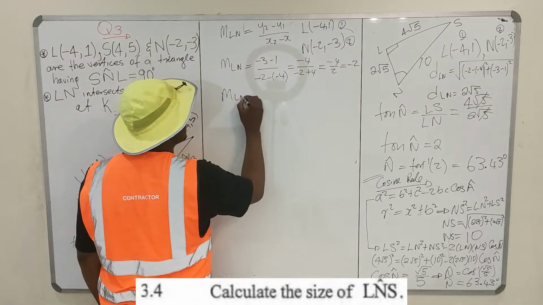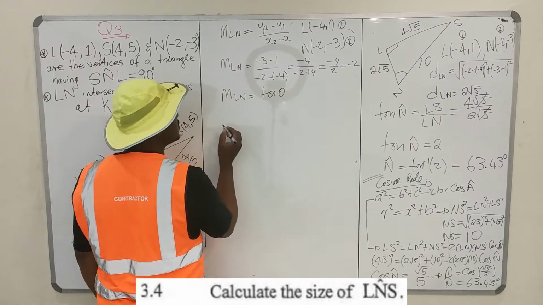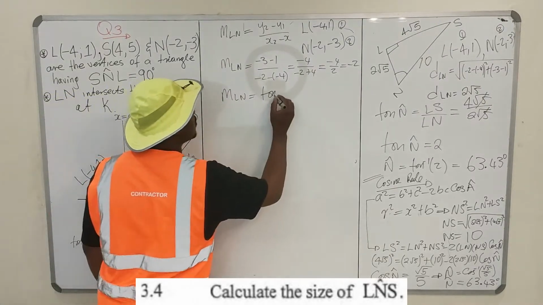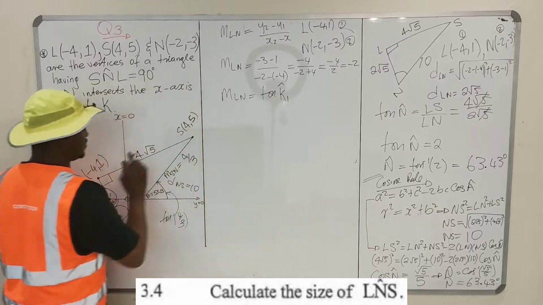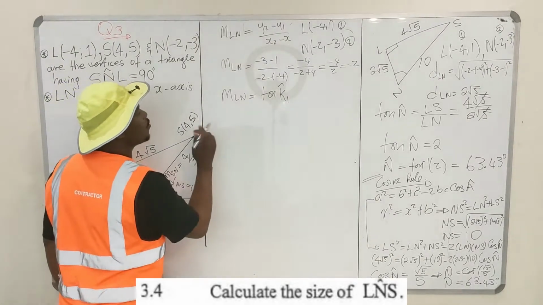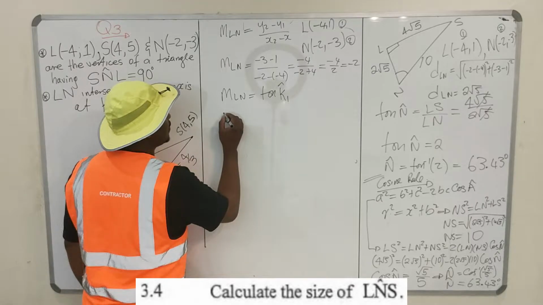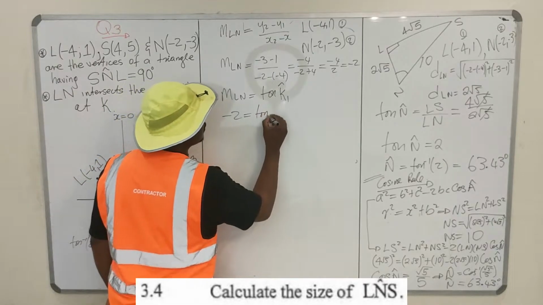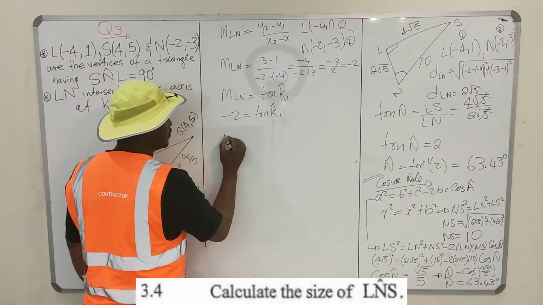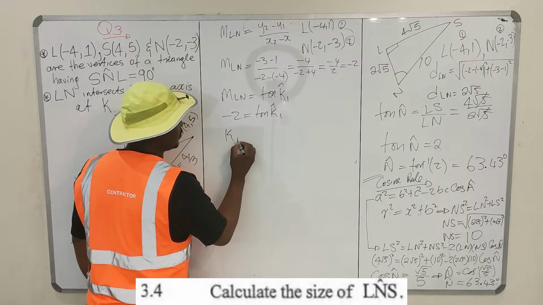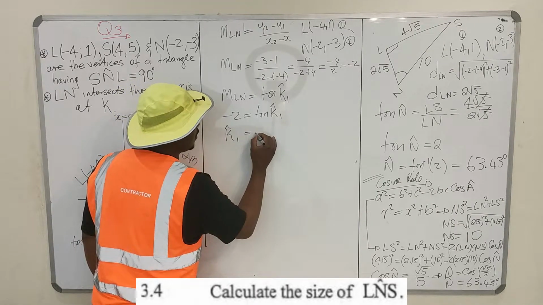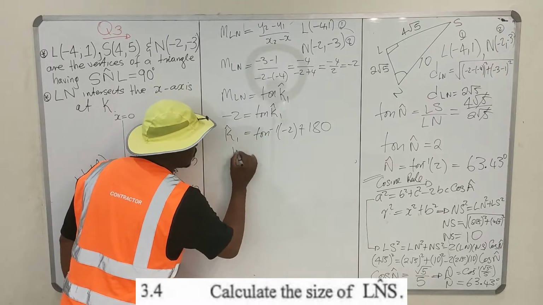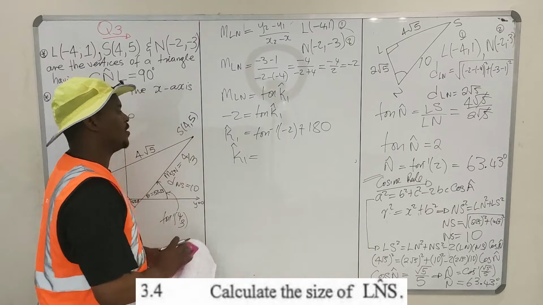Now M of Ln is equal to tan theta, right? Or let's see, M of angle K1 is equal to this thing, right? So negative 2 is equal to tan K1. So K1 is equal to arctan negative 2 plus 180, right? So K1 is equal to whatever the answer is there.